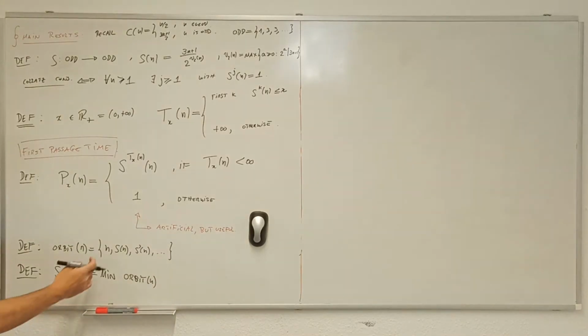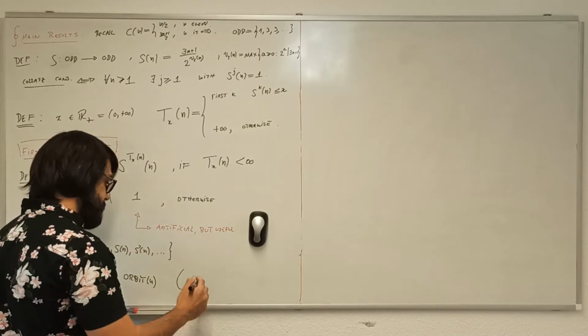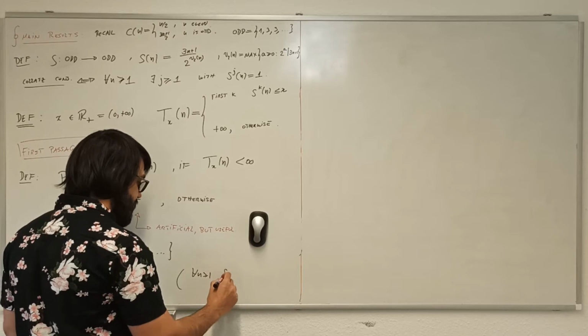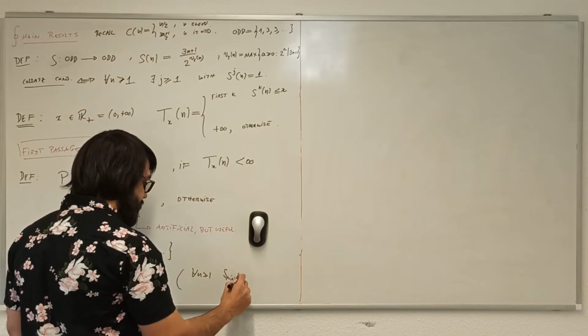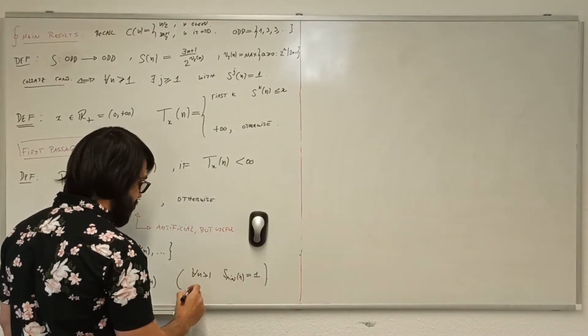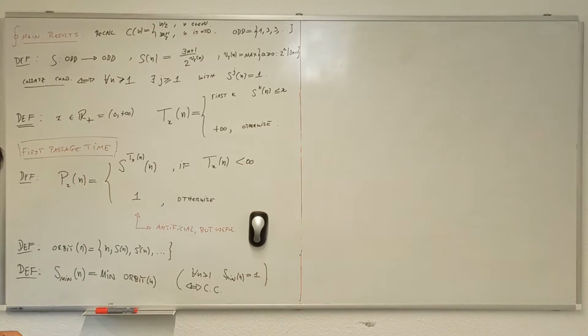Okay, so just take the minimum number in the orbit. So the Collatz conjecture can be restated as: for all n greater than or equal to 1, s min of n equals 1. So that will be equivalent to the Collatz conjecture.